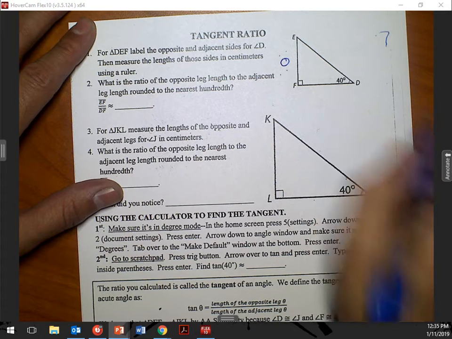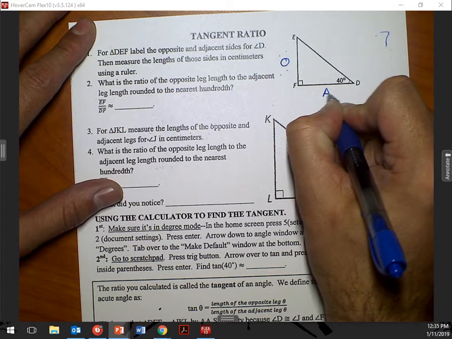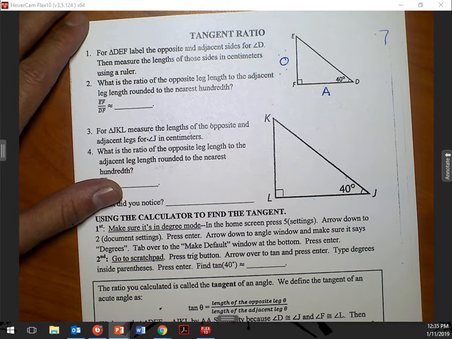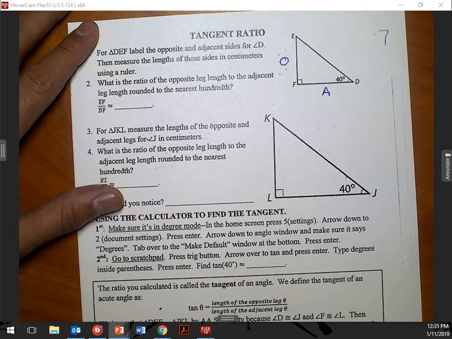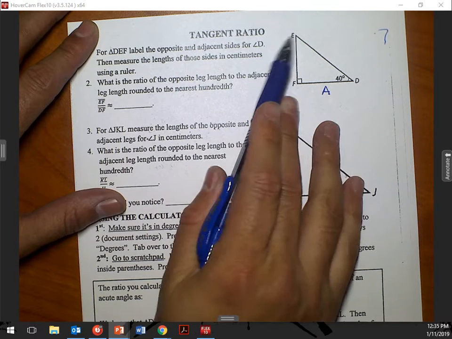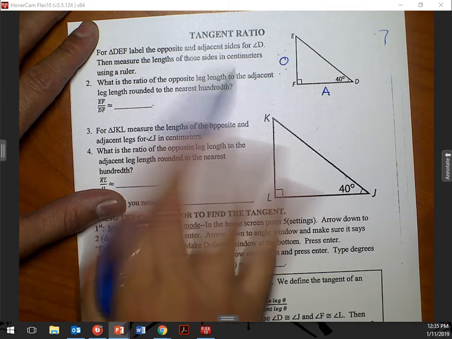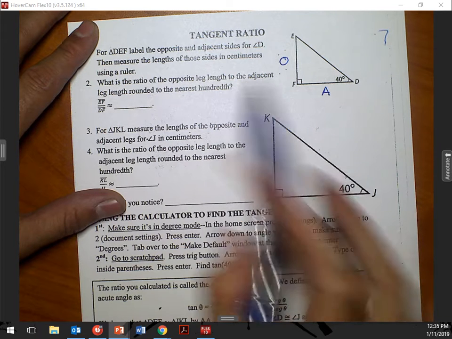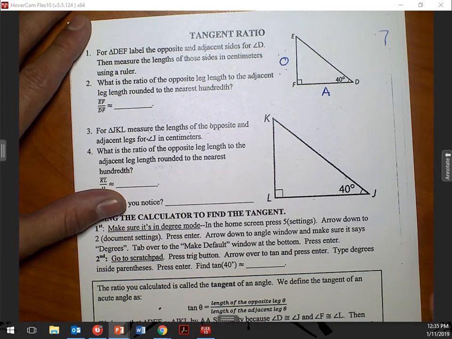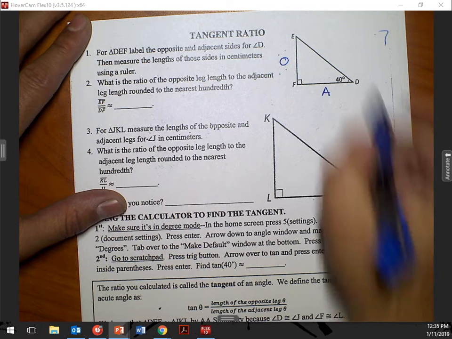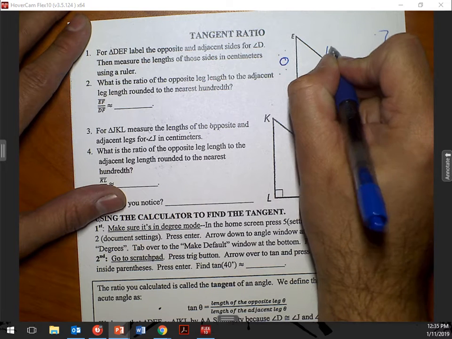So that one, I'm going to put an A right there, because that one is adjacent. Now, ED, where it says to measure it, we're not going to measure it. I'll explain why in a minute. So ED would have to be the what? Hypotenuse. So what do I put there? H. Very good.